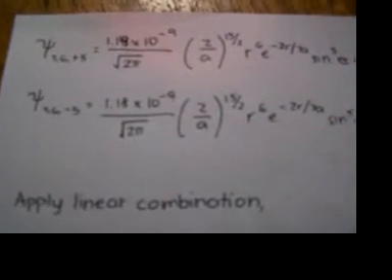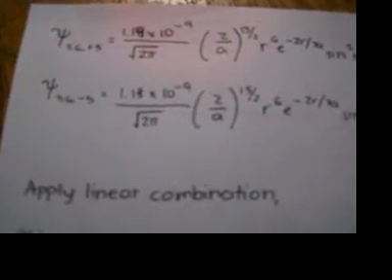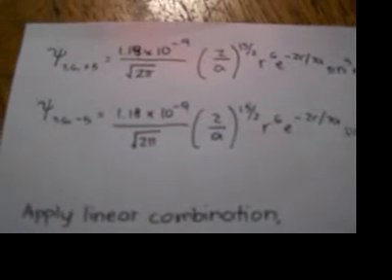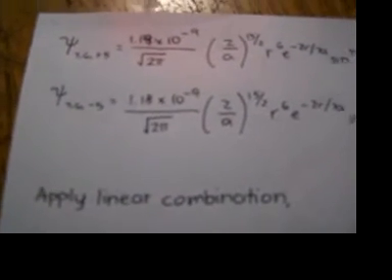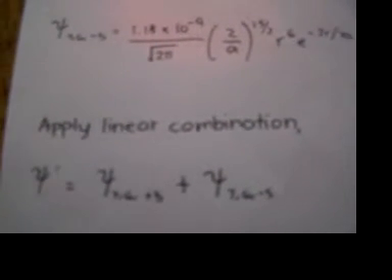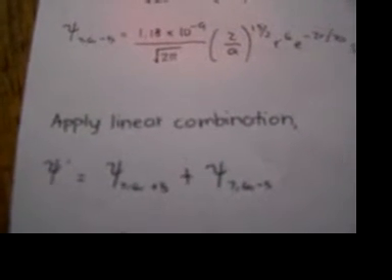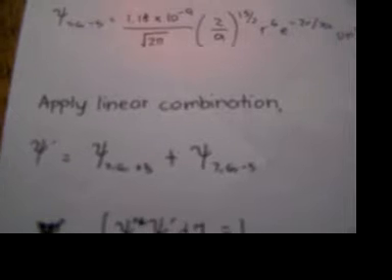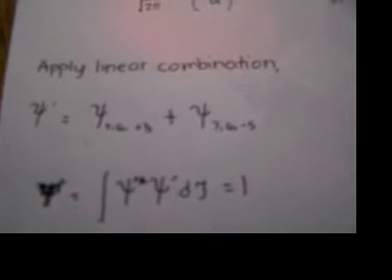Applying linear combination, to account for the complex wave functions of these, we'll just simply add the two wave functions. So after getting the formula, we normalize again. We get the Kronecker delta.